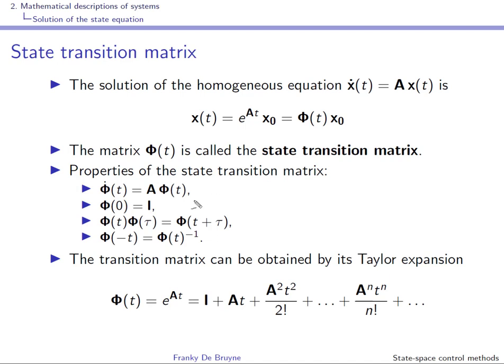Well, this is because we need to compute the exponential of At, and we'll see that there are several methods to compute this exponential, but do not forget that you can also use the definition that is given over here.